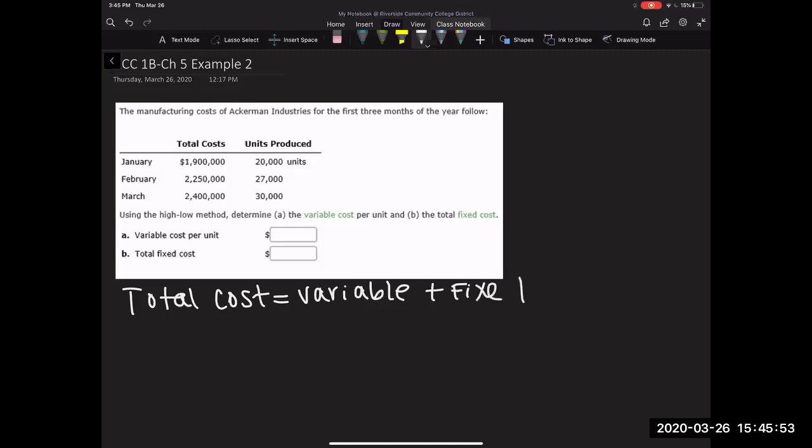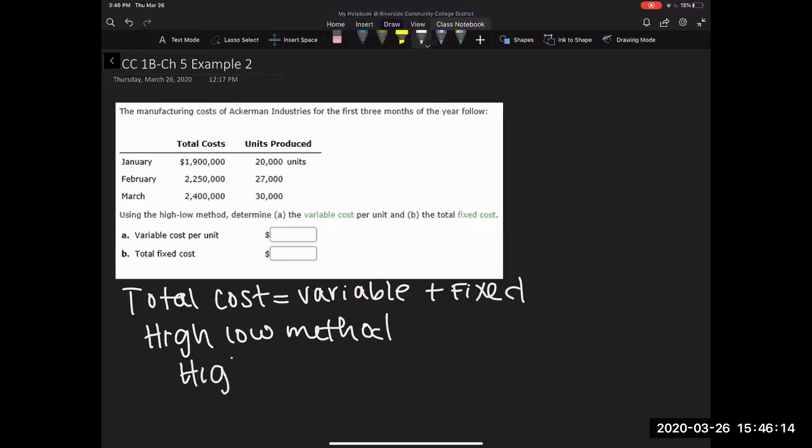Okay, kind of wrote it backwards, but we'll fix it in a second, okay? All right, so when we're doing the high-low method, we need to first select the highest level of activity in the number of units produced, and then we need to identify the lowest, right?